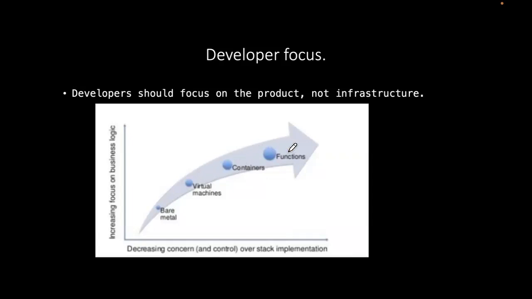But where we are now is in what's called the serverless or function-as-a-service world, where the developer only concerns themselves with the functionality of the application they want to develop, and the underlying infrastructure takes care of all of the other messy stuff, like scalability, availability, and fault tolerance. It takes care of all of that automatically. So the developer's focus is purely on the functionality they want to develop.